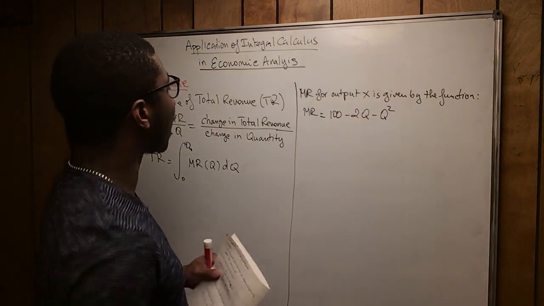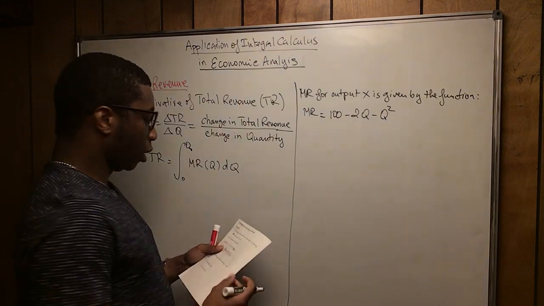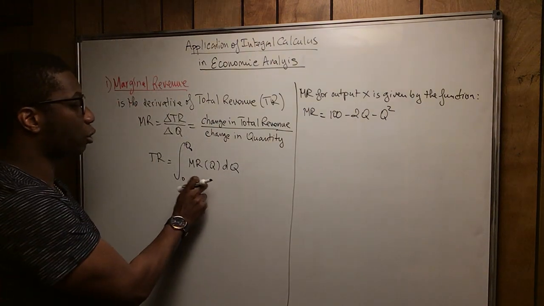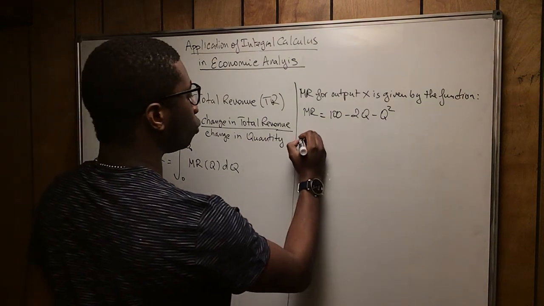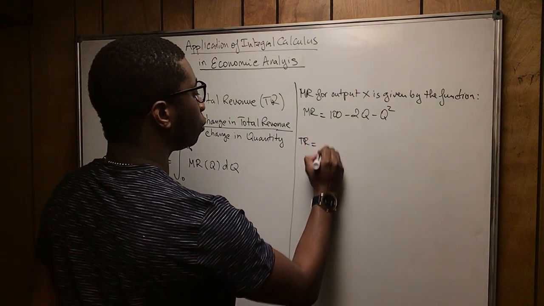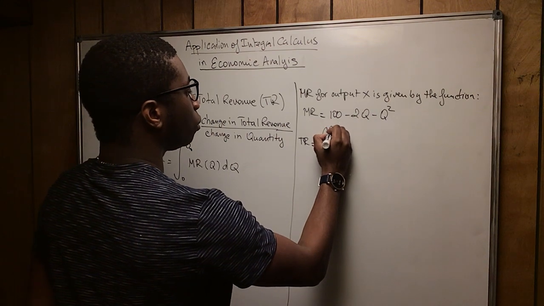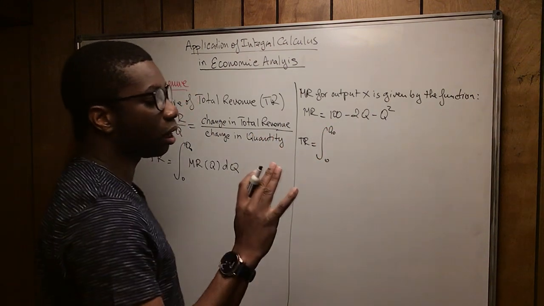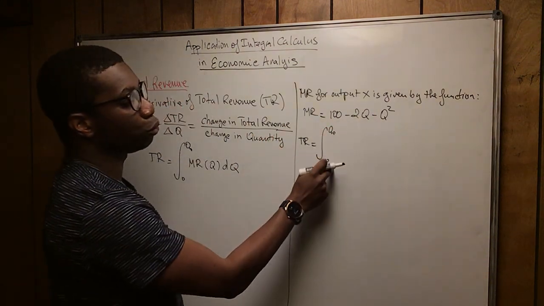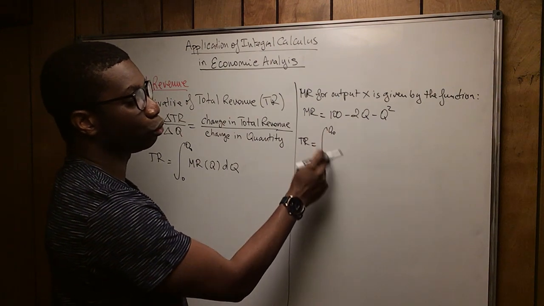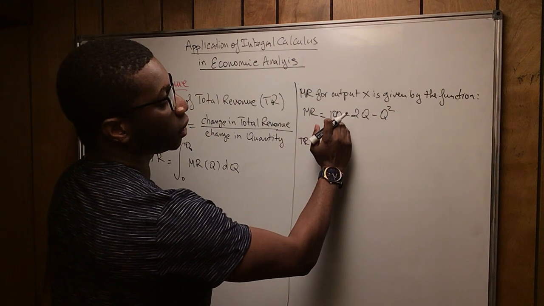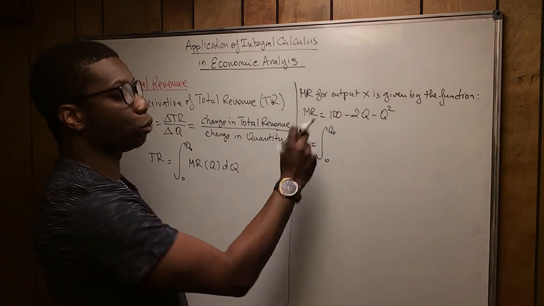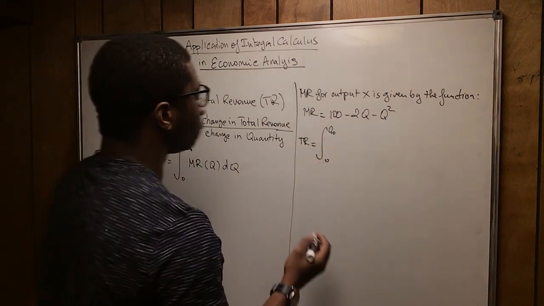And we're asking you to calculate the total revenue. You know that total revenue is the integration of the marginal revenue. So you're going to put TR equals the integral from Q0 to 0. But here I'm not going to compute the Q0 and 0. I'm just going to simply determine the function itself without computing the values.